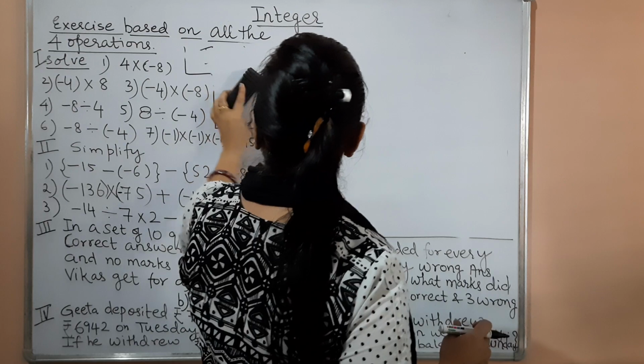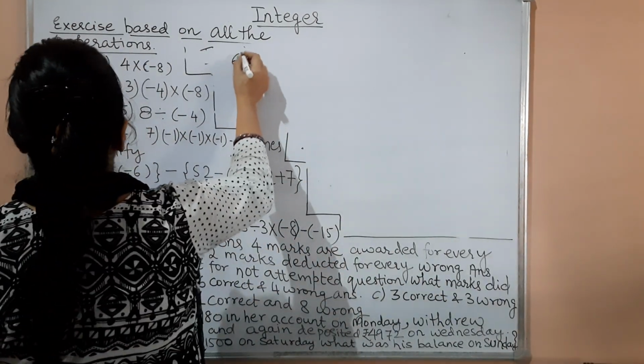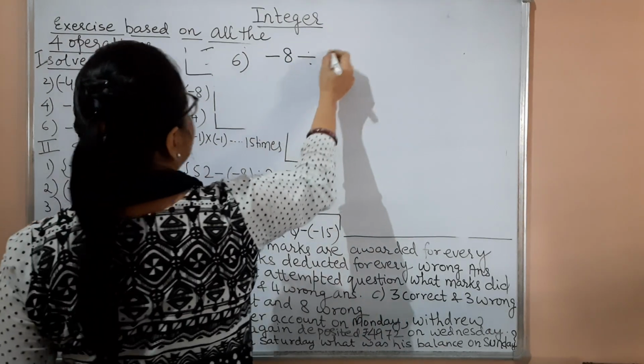So the rule for multiplication and division is the same for both. Now the sixth part is minus 8 divided by minus 4.